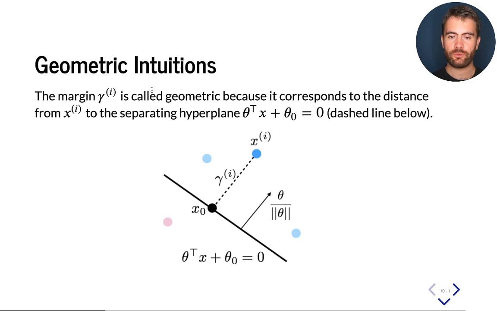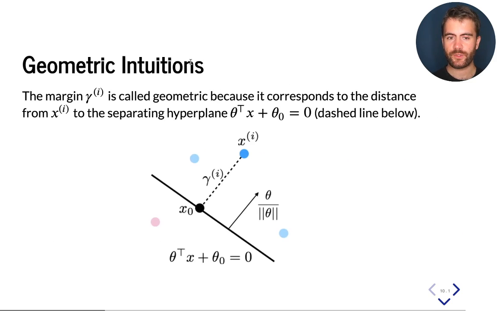And in order to convince yourself that this is a good definition, I'm also going to derive this formula from a different perspective, from a geometric perspective. And this is also going to explain why I have been calling this the geometric margin. The formula that I gave you, this gamma, this geometric margin, in fact corresponds precisely to the distance between the point x and the separating hyperplane, which I have denoted here using a dashed line.